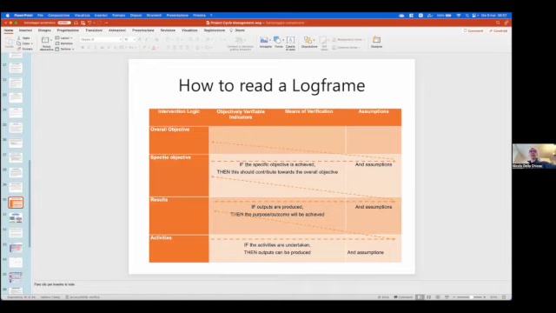At the level of the specific objective, if the specific objective is achieved and the assumptions are met, then we can contribute towards the overall objective. So we don't have assumptions here because we don't have a higher level of objectives. This is why the assumptions should be identified at the lower levels of activities, results, and purpose.